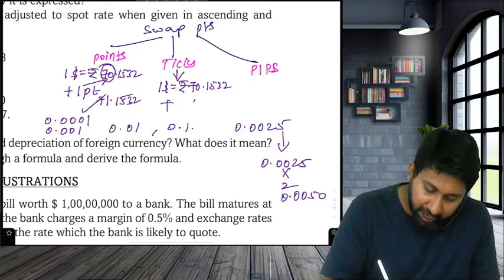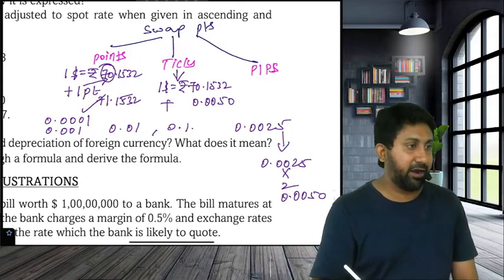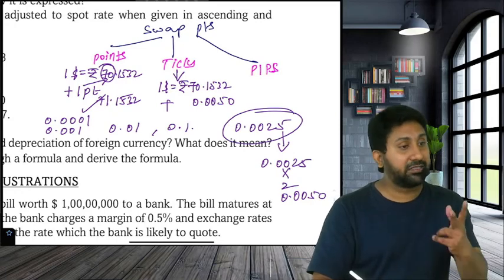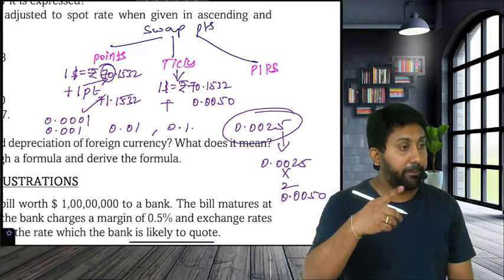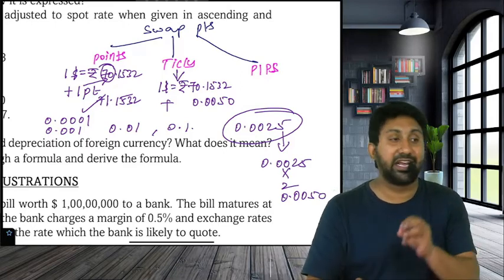So you need to add 0.0050. This is how you need to add. 2 ticks, 1 tick is 0.0025, 2 ticks means 0.0050. This is called ticks.